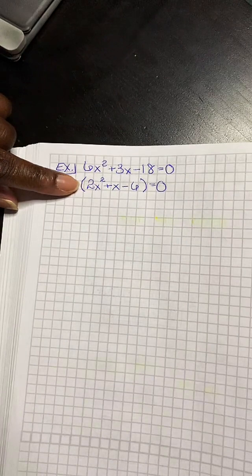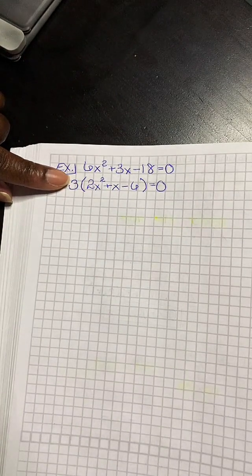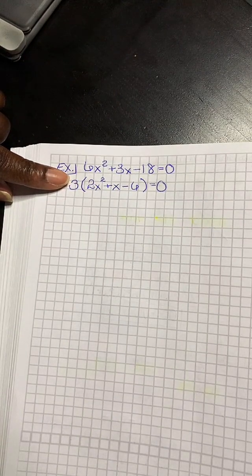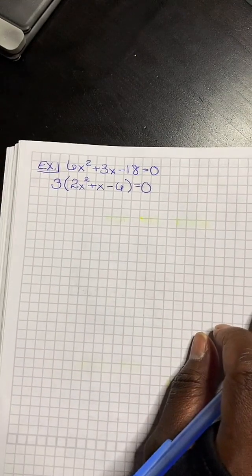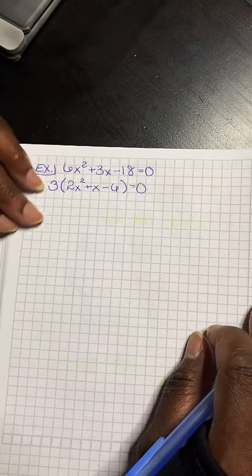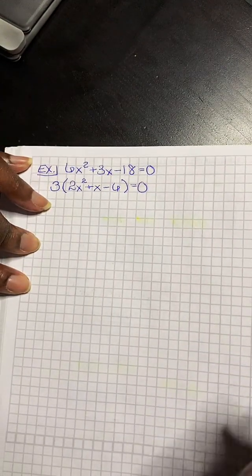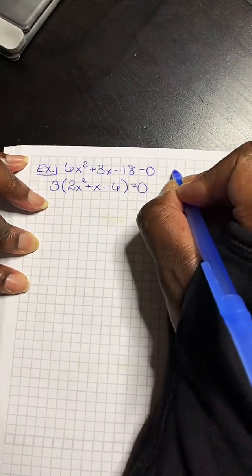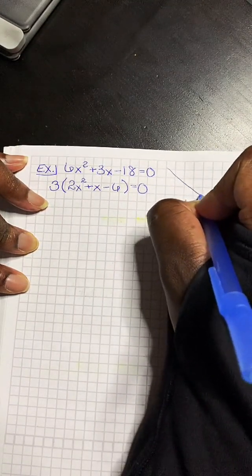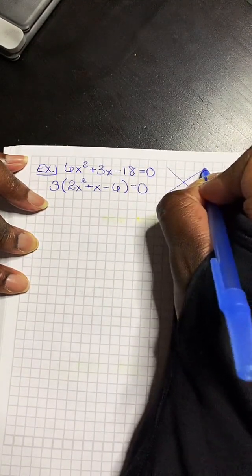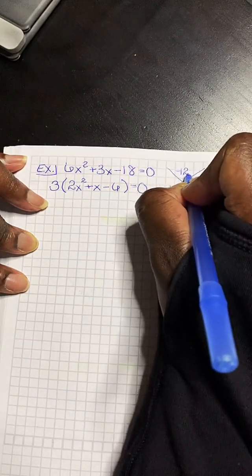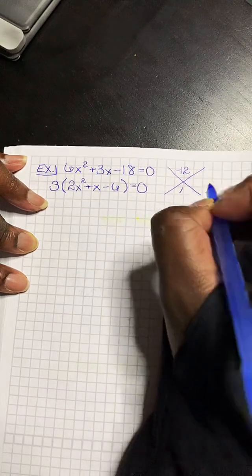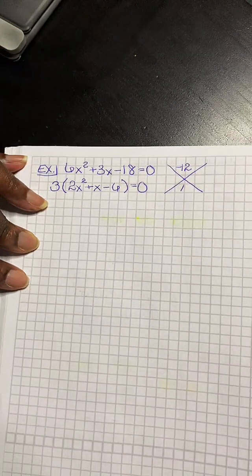So what two numbers multiplied together will give me a negative 12 and added together to give me a 1?